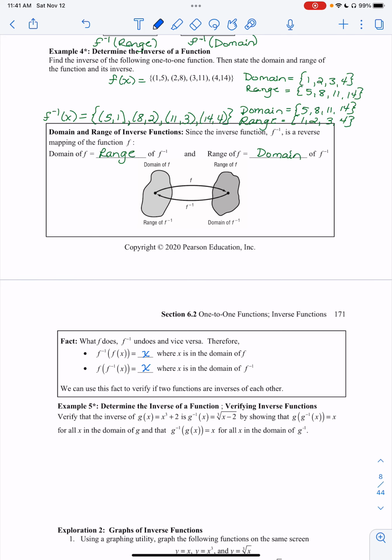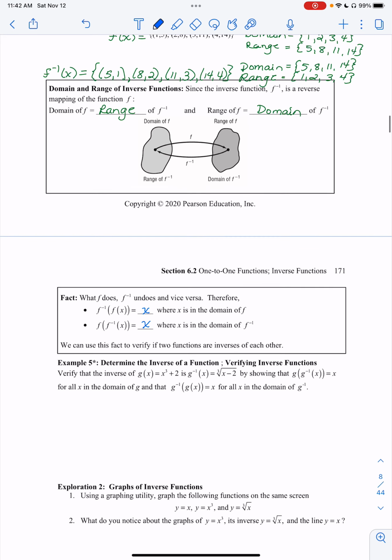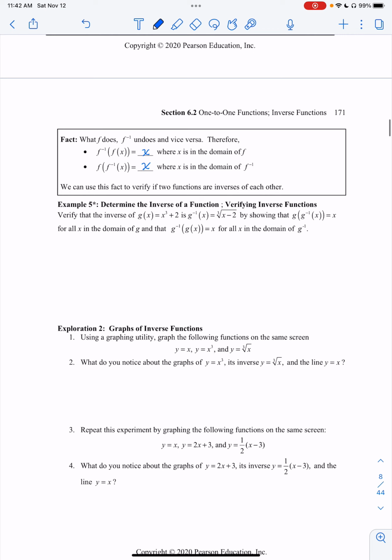And we can use this to verify that two functions are inverses of each other. So if we want to verify that these two functions are inverses of each other, what we can do is say g of g inverse of x, and here remember we're just going to input this, is equal to, by composition of functions, this part, right?